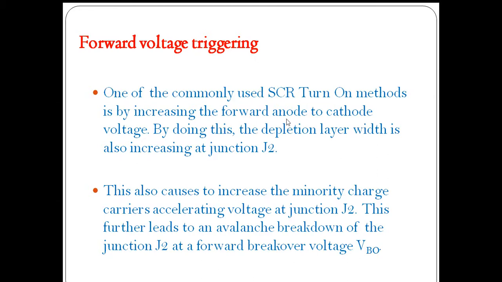In this, by increasing the forward anode to cathode voltage, the depletion layer width increases at junction J2, and this also increases minority charge carriers, which accelerate at junction J2. This further leads to an avalanche breakdown of junction J2 and forward breakover whenever the supply voltage exceeds the forward breakover voltage.